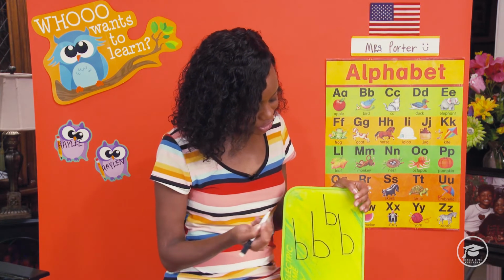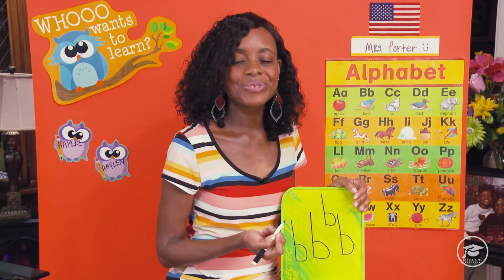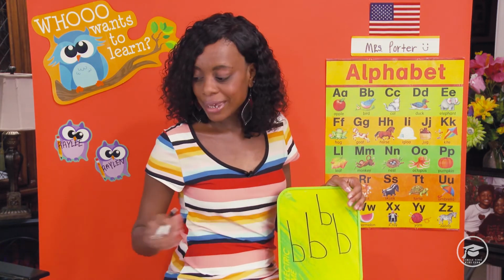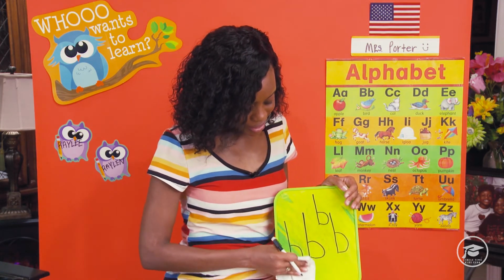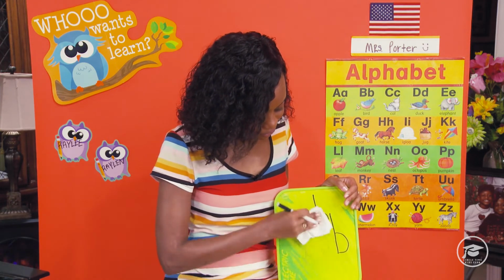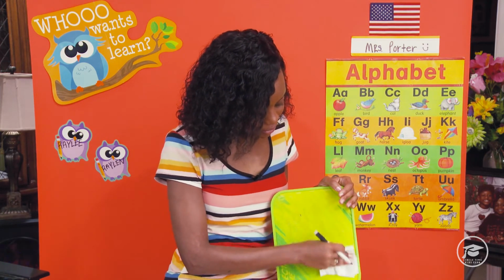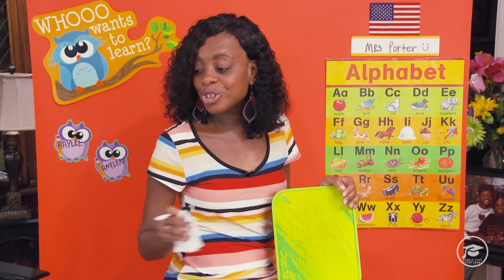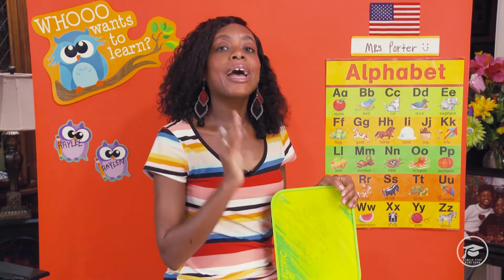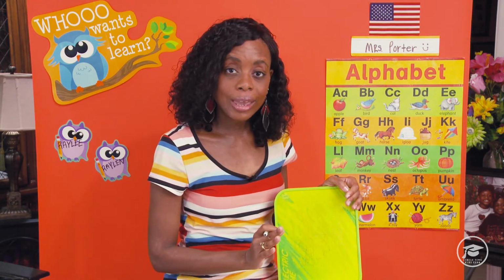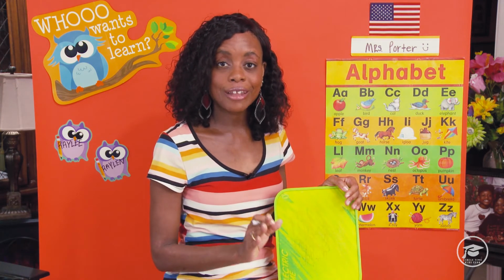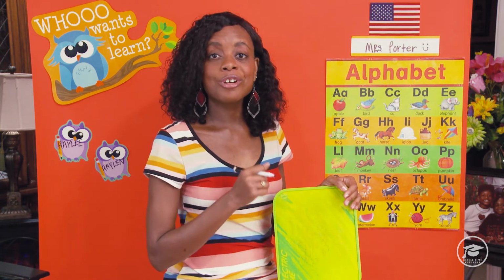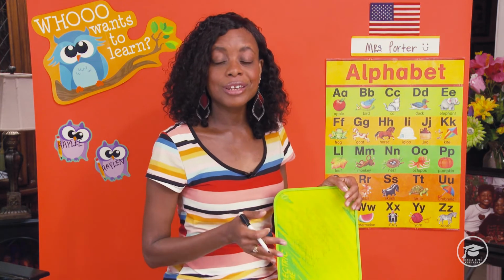Small half a circle. Okay? This is a baby bee. Very good. You are doing so good. Do not get frustrated. It's okay. You got to learn. You have to keep practicing. And the more you do it, the easier it'll become.